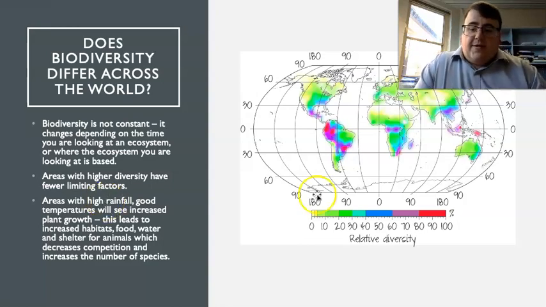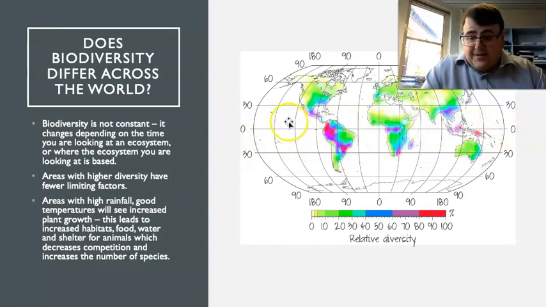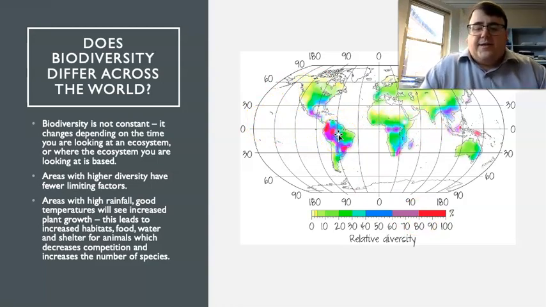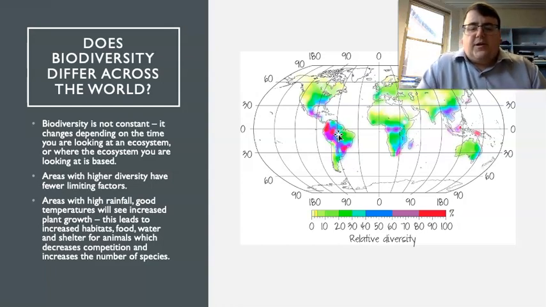As we can see on this graph here, areas along the equator have the highest relative biodiversity. They've got the purple and the red zones there. The reason for that is areas along the equator have the highest rainfall and good temperatures. That allows for increased plant growth, and with increased plant growth, there are more habitats for animals.